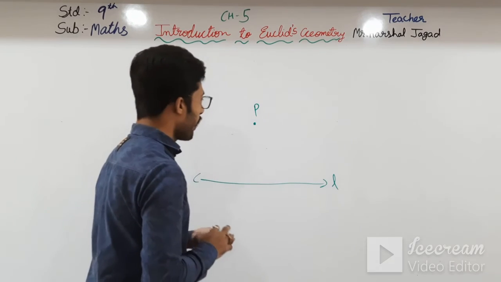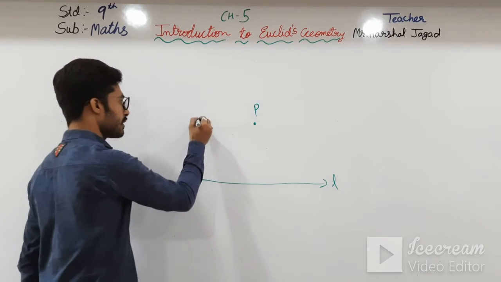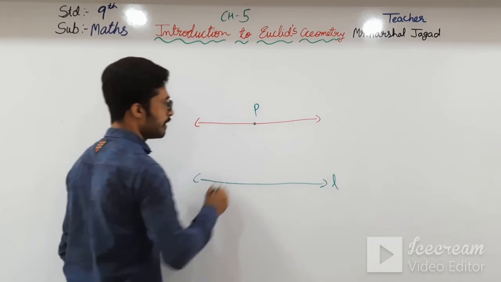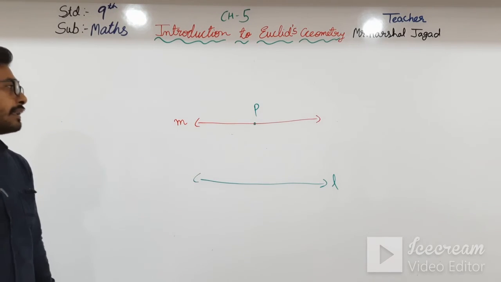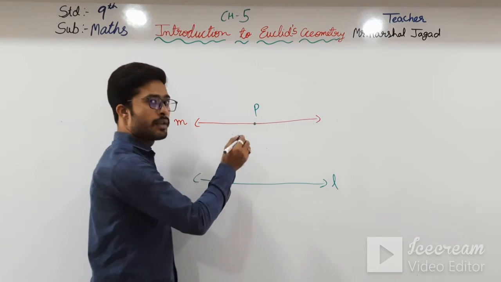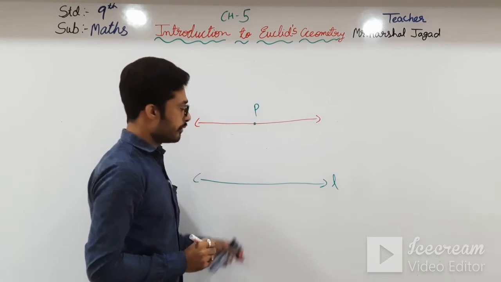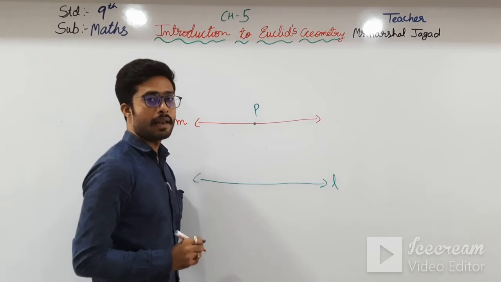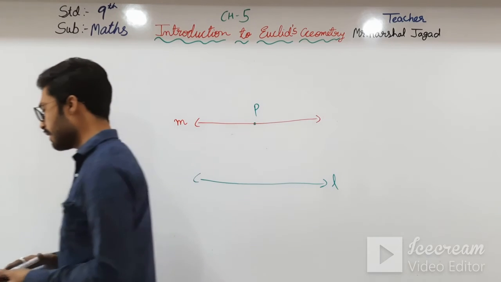See, from point P a unique line is passing through, which is parallel to L, and let's call that line M. Any line M from point P will be a unique line which is parallel to line L. Okay students, they are just trying to tell us that.